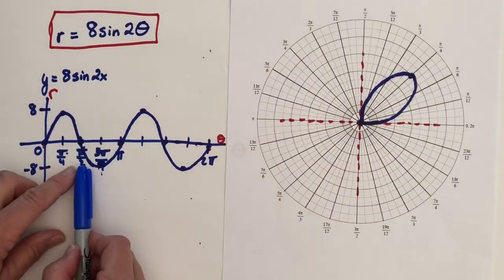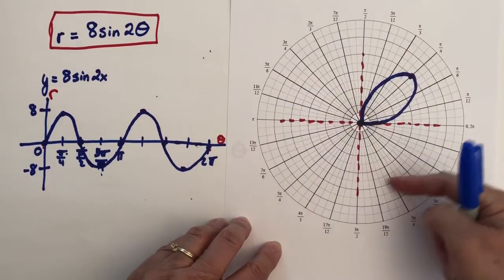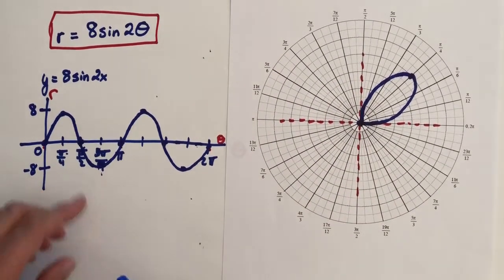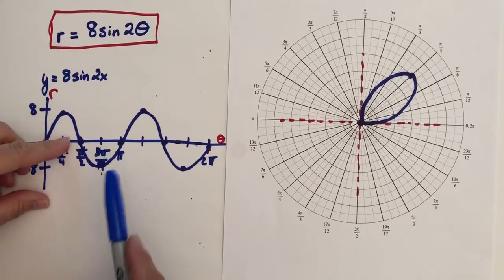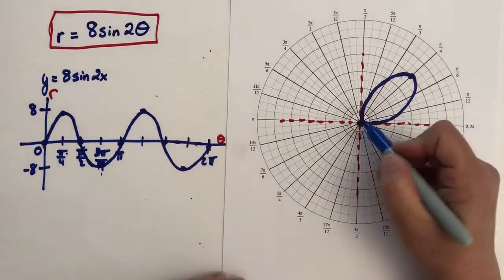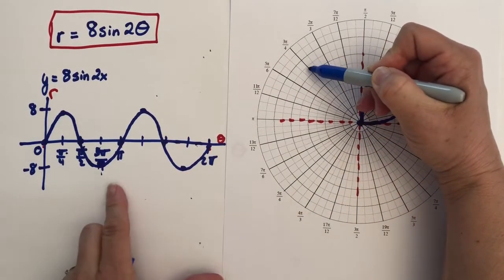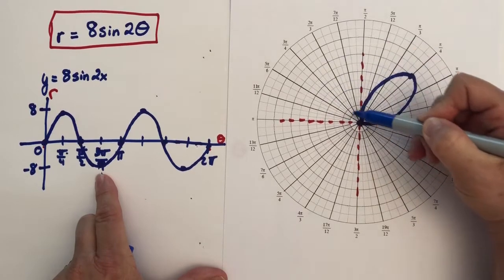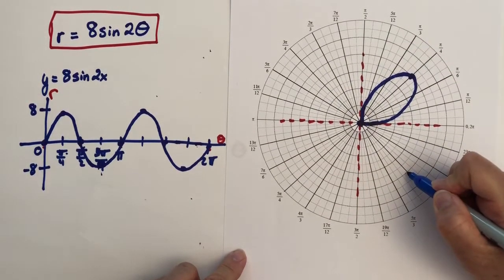In fact, from pi over 2 to pi, the points will be over here because the r values are negative. So we'll go out to 8 and come back into the pole. So at 3 pi over 4, my value will be negative 8. So I'm going back this way. Negative 8 is right here.